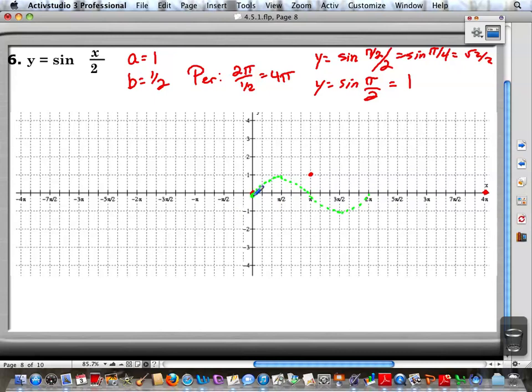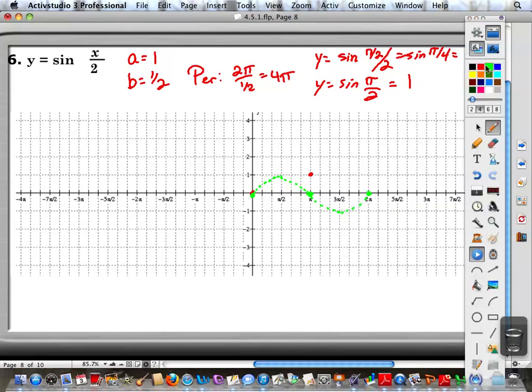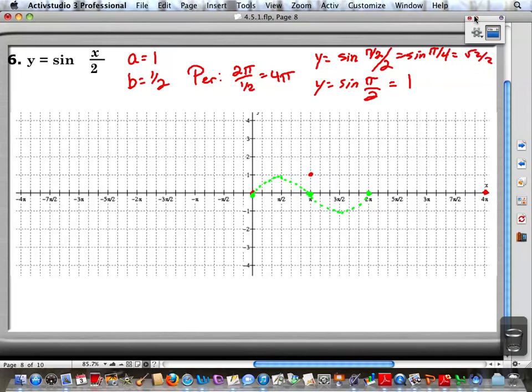So I got beginning, middle, end, and I'm on the x-axis. I'm at my zeros. The same thing is going to hold true for my new graph. It's a sine function. Okay? So when I'm graphing it, the beginning, the end, and the middle would be at 2 pi. Those are all going to be on the x-axis.